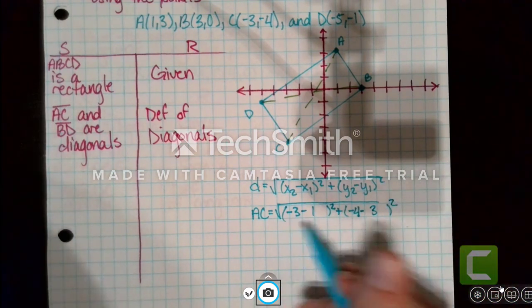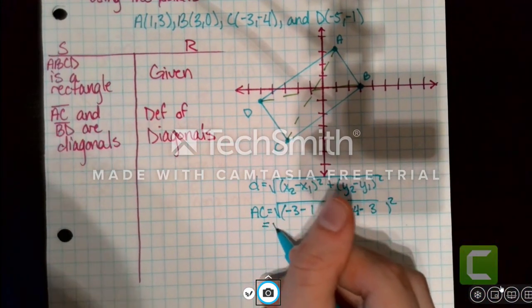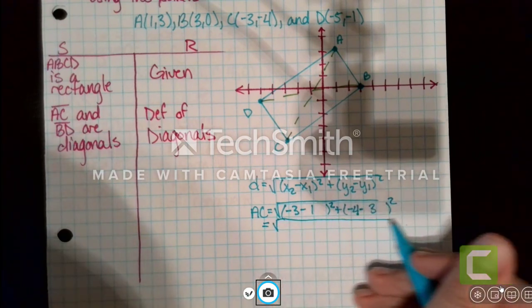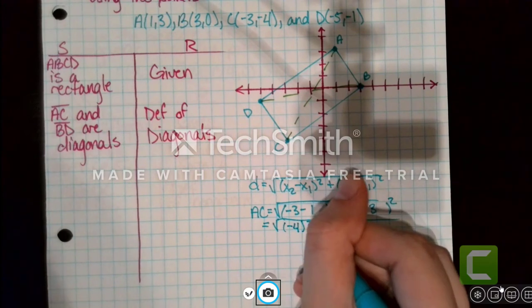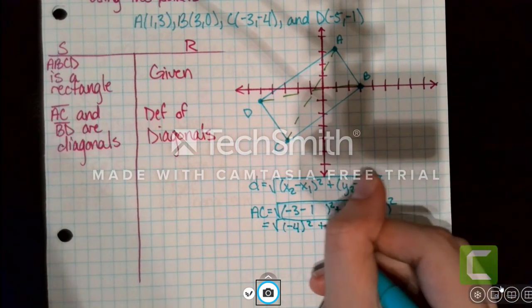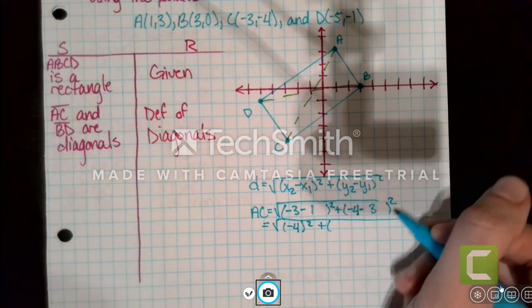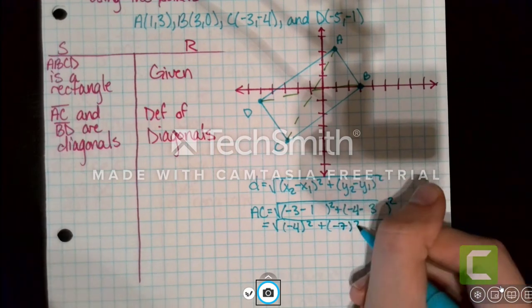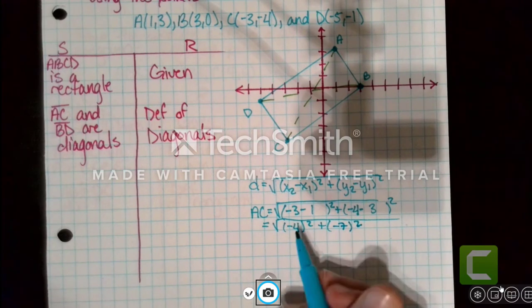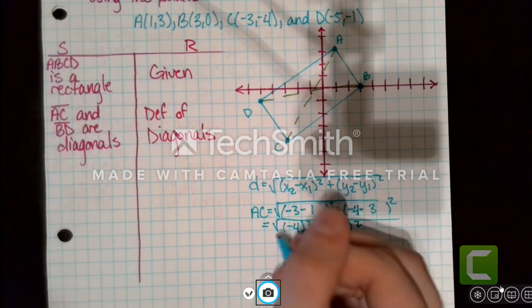Next, we have to solve algebraically, which means that we have negative 3 minus 1, which is negative 4 squared, plus negative 4 minus 3 squared, which gets us negative 7 squared. Despite these being negative, we could still square them and get positive values.